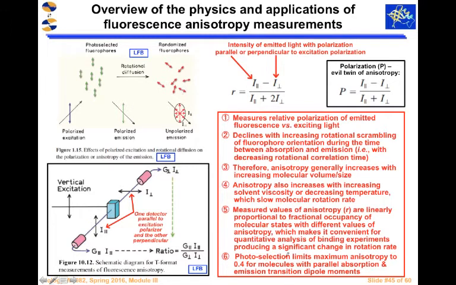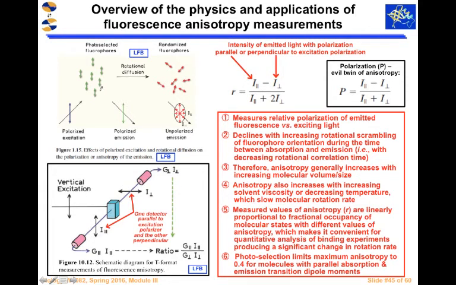In that case, this photoselection rule becomes a bit more complicated. But in most cases, you're looking at primarily, dominantly, a single electronic state undergoing either excitation or emission. In that case, the transition dipole moments are physically the same thing, and therefore they're parallel. When the transition dipole moments for absorption and emission are parallel, the highest possible anisotropy is 0.4.